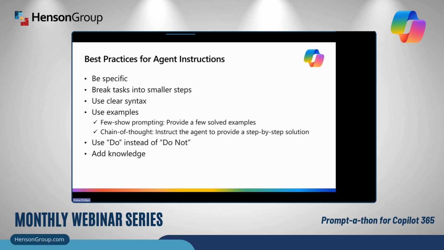And then add knowledge, which will be your own files or a specific area, like a team within Teams or a channel, so that it can incorporate that information. For example, if you're doing a policy and procedure type of agent, a SharePoint library with all of your policy and procedure documents would be knowledge you would want to add.